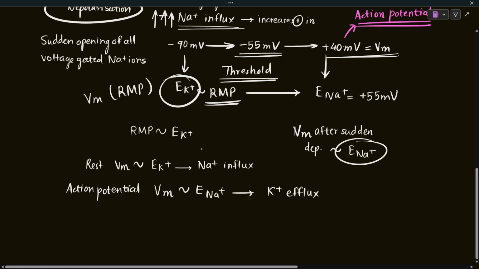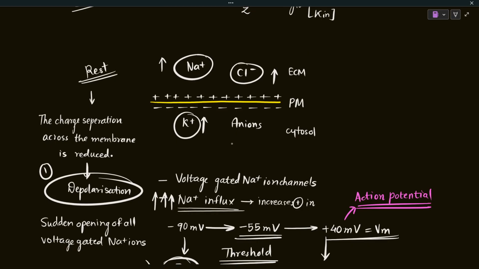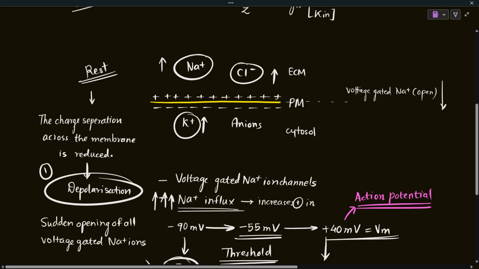Okay, why is there some potassium efflux? Because the concentration gradient of potassium is quite high on the inside. Even though the voltage gated sodium ion channels are open and are going to take sodium from outside to inside, and the charge separation is decreasing till minus 55 millivolt, there is still some charge separation, right?